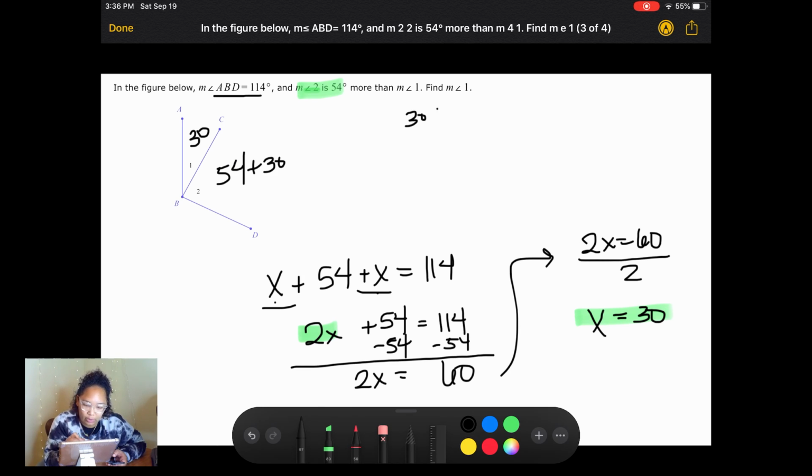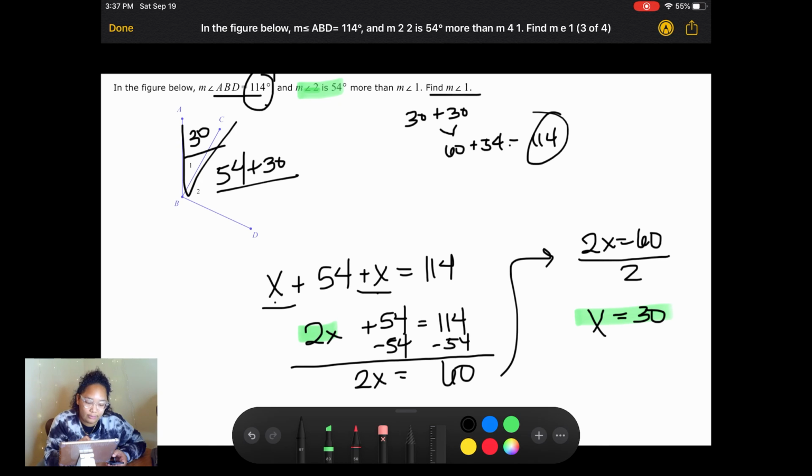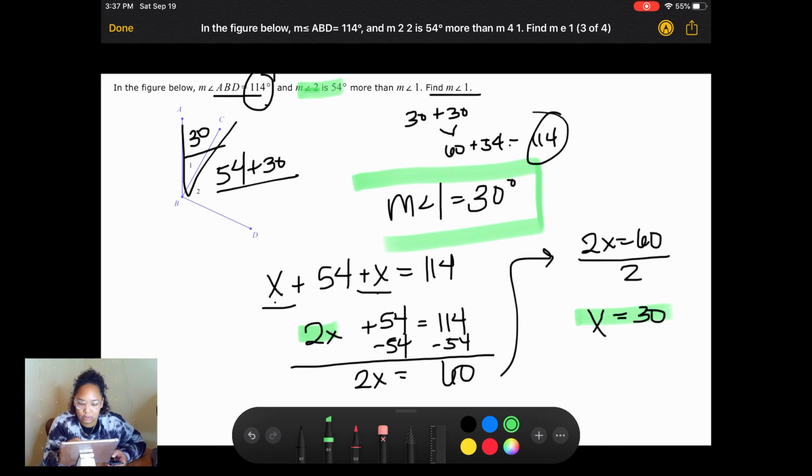So I can say 30 plus 30 equals 60, plus 54 equals 114. That is what I started with. So I double check to make sure all these things added together equal what they're supposed to. That's good. It says find measure of angle 1. I check my work: measure of angle 1 equals 30 degrees. All right, so that is your answer.